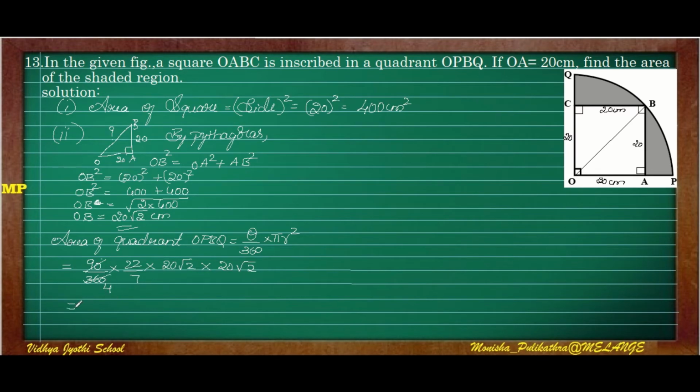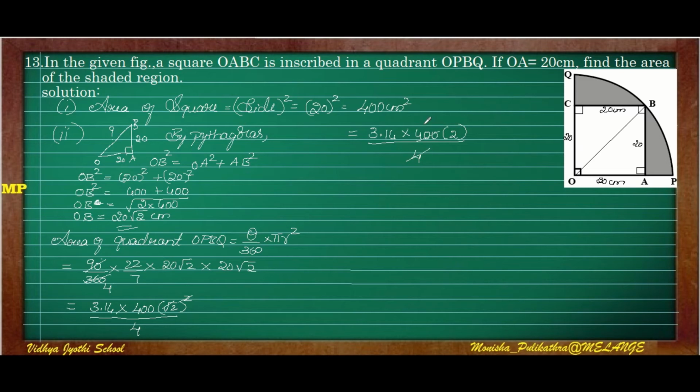Next, I will be taking 22 by 7 as 3.14. So 3.14 into 20 into 20 is 400, and here root 2 whole square, so square and root get cancelled, and divide by 4. So 3.14 into 400 into 2 divided by 4.